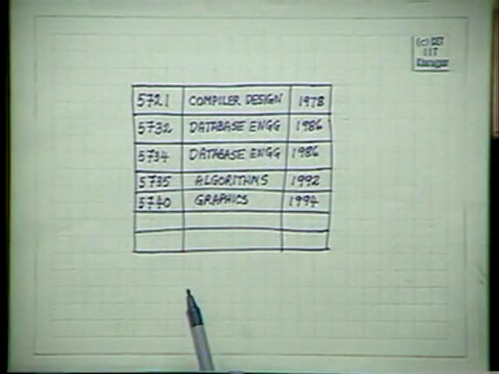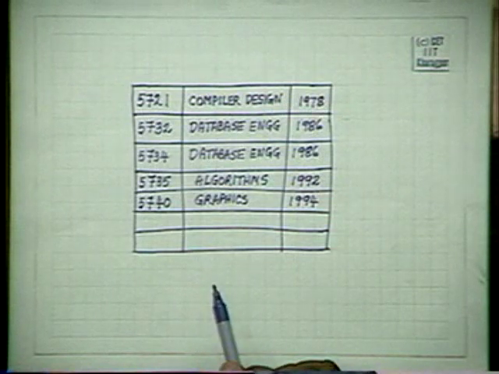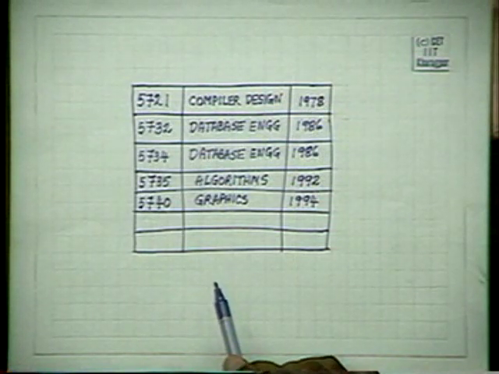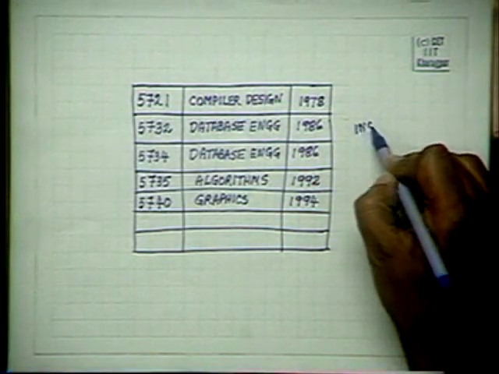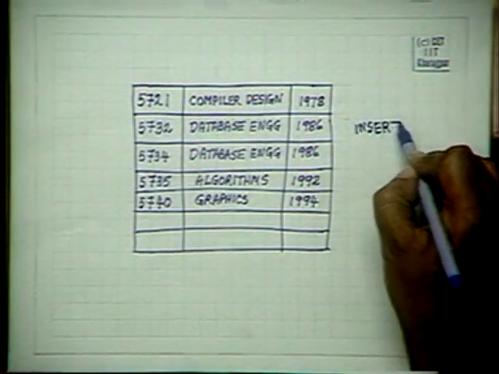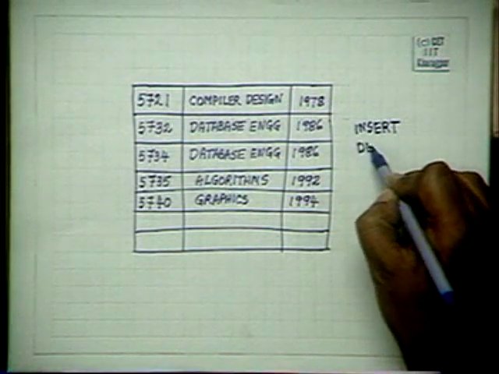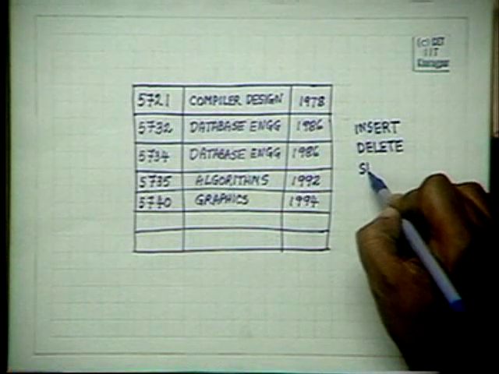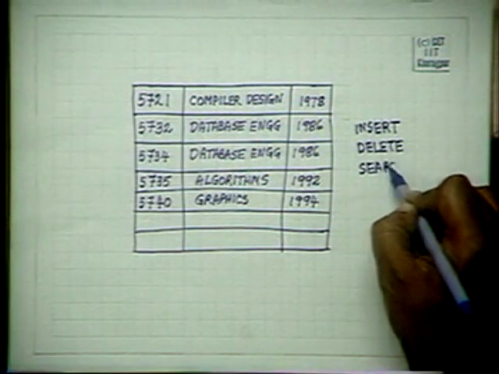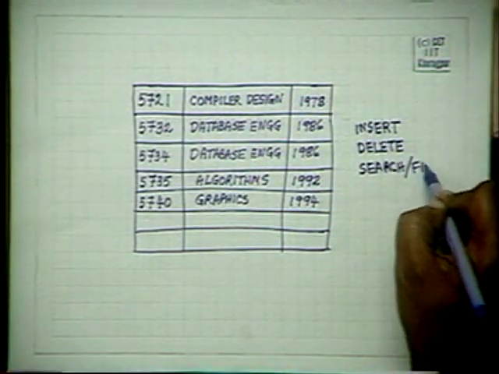This is how suppose they are stored. Now let us see what we will have to do for insertion, what we will do for deletion. So we have got three major operators: insert, delete and search. Search or find.